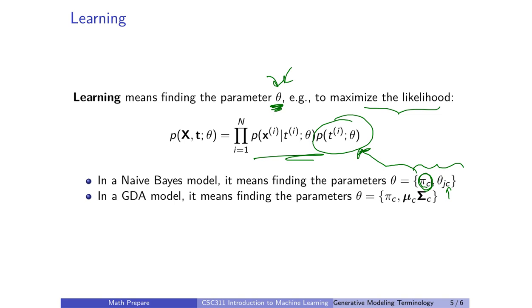And in a Gaussian discriminant analysis model, our parameters are different because the form that this probability distribution takes is different, and we have some different parameters: the means and covariance matrices of our Gaussians.